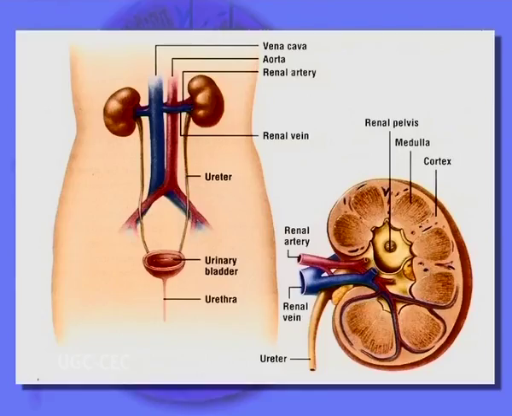Kidney is the most important component of the excretory system. The excretory system has its own specialized structures and functions. Control of the salt and water content and elimination of metabolic waste products from our body is taken care by the excretory system.